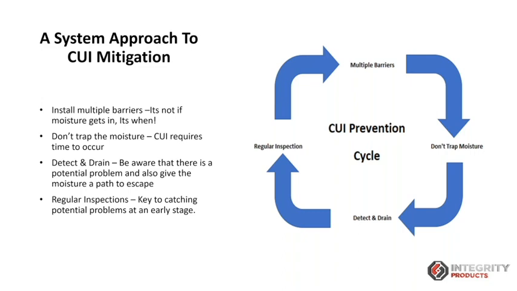So we can use a solution that is in place, that can detect and drain that moisture. And we are also able to do regular inspections without compromising anything else in the system. That is our mindset in how we design our products. These are our key principles for CUI mitigation products.